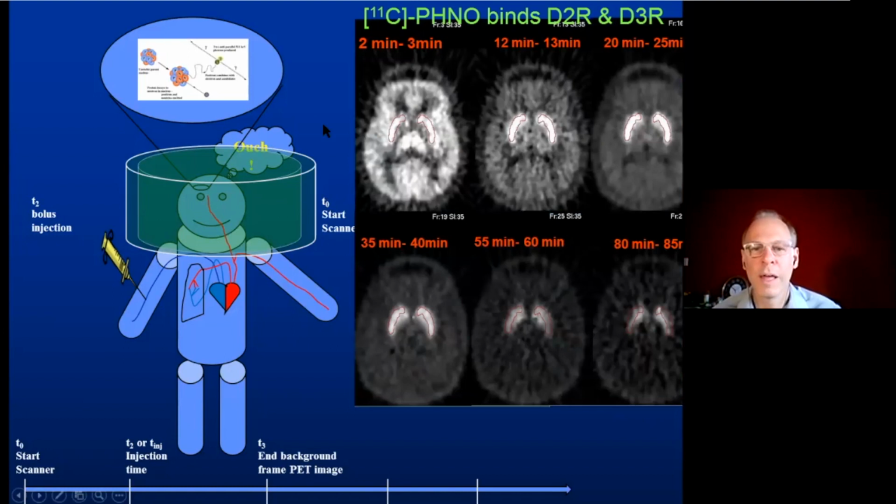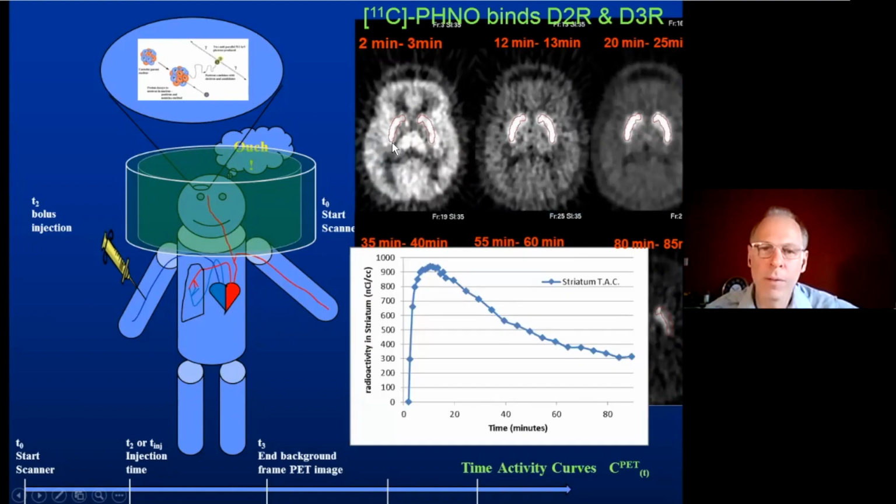So in this image, we can delineate a region of interest, for example, the striatum, and we can study how the radioactivity or the activity changes along the time. This is called a time activity curve, and I will use the notation Cp of t along the talk to describe this function.